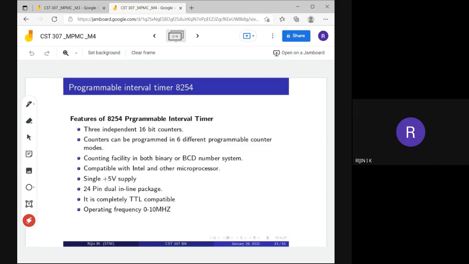We can program it in 6 different modes, and count both binary and BCD numbers. It is compatible with Intel and other microprocessors, uses a plus 5 power supply, 24 pin dual inline package, is completely TTL compatible, and the operating frequency is 0 to 10 megahertz.